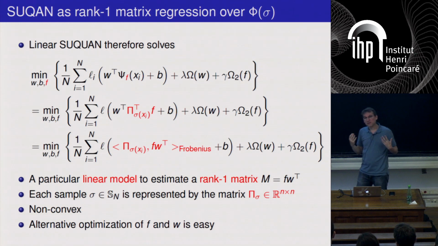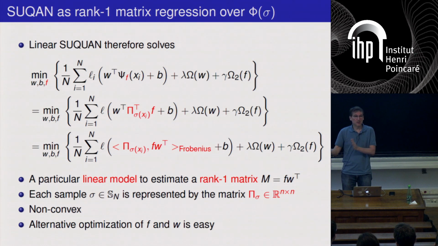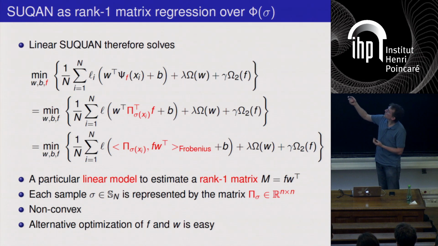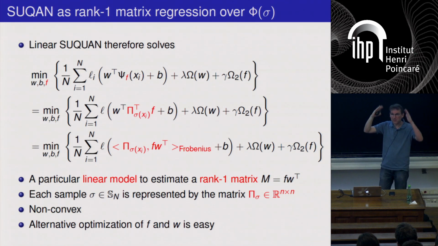Right, so this means that you can reinterpret the normalization followed by linear model, with optimization of the normalization, just as a linear model where each sample xi is represented by the matrix pi sigma. So this is my embedding, where you have sigma, you represent it as a matrix, and you make just a linear product. So this is a linear model over matrices.